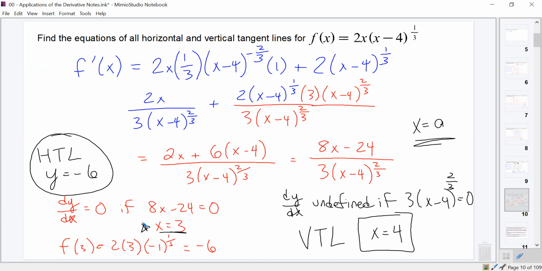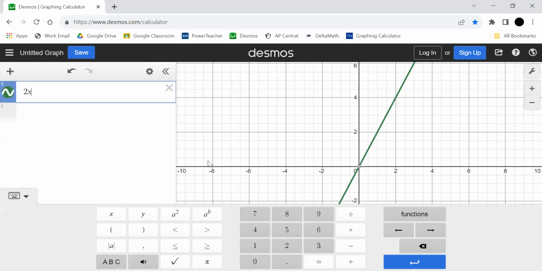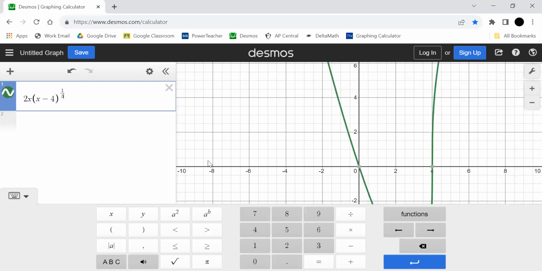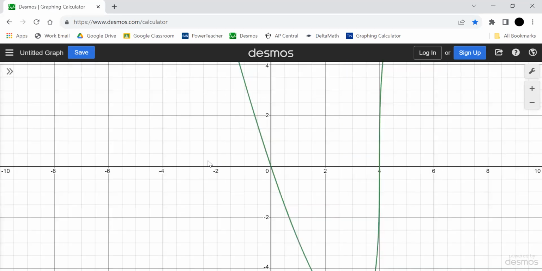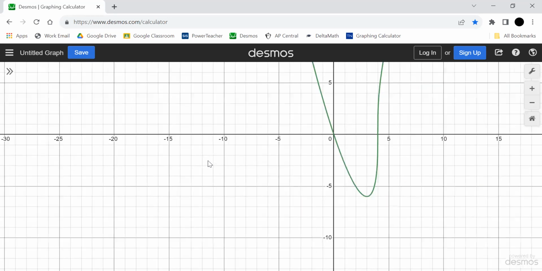If we want to take a quick look at the graph of this one, go back to Desmos for a second. And we've got 2x times (x minus 4) to the 1/3 power. And as we look at that, we can see that we have a horizontal tangent line down there at (3, negative 6).